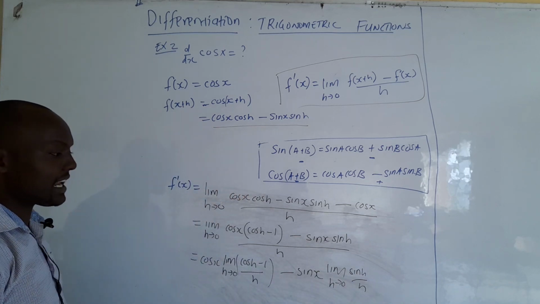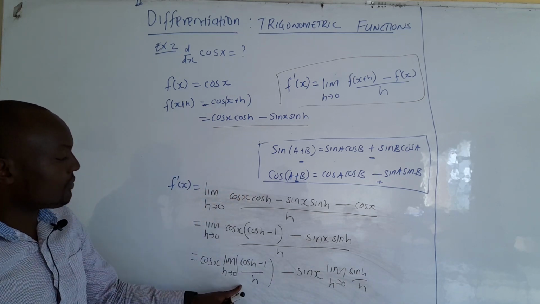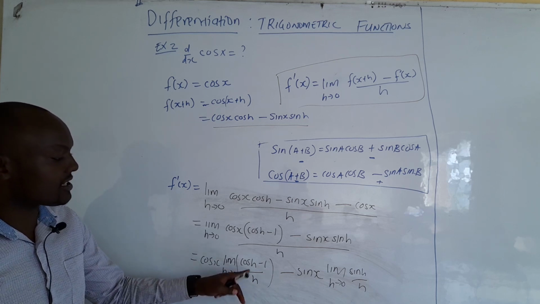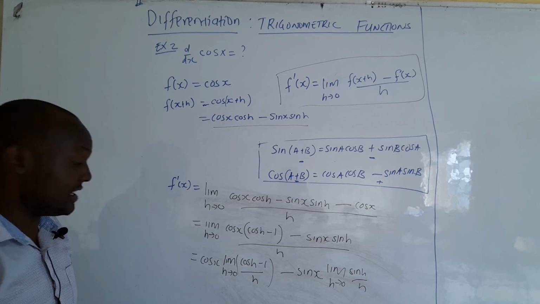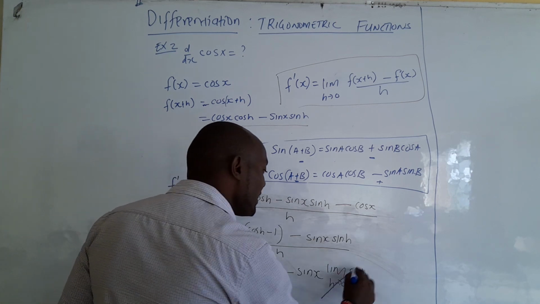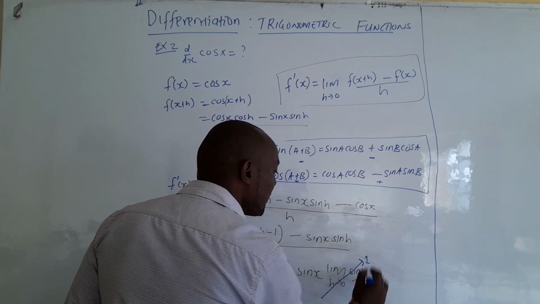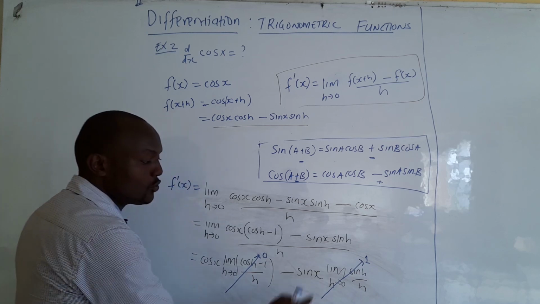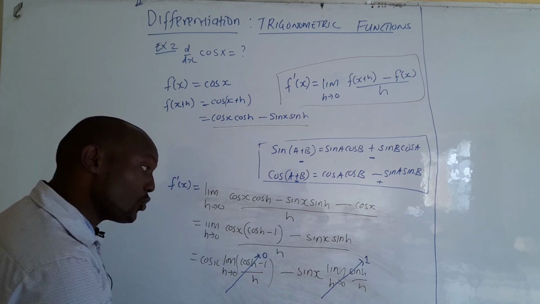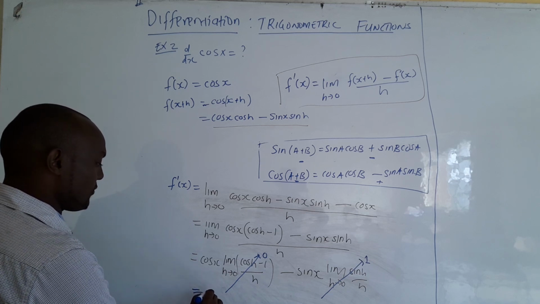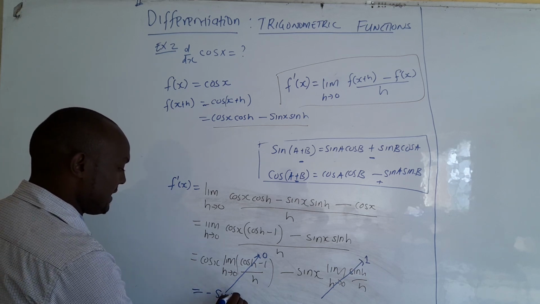You realize that the limit of (cos h minus 1) over h will be 0, and this one will be 1, because we said the limit as h approaches 0 of sin h over h equals 1. So in that case, my derivative will be minus sin x.